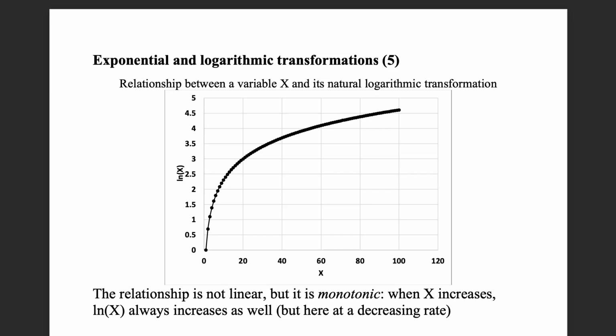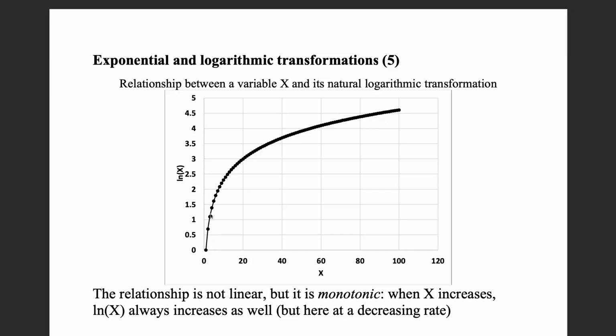A step up on the x-axis also means a step up on the y-axis, but it's not always the same step. As x increases, the natural logarithm of x increases, but at a decreasing rate. The higher the values of our x variable, the slower the increase of the natural logarithm of that x variable.